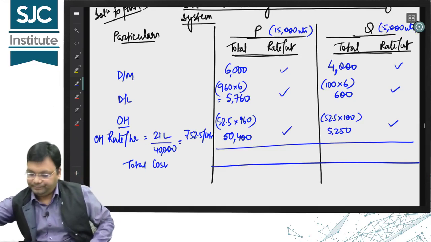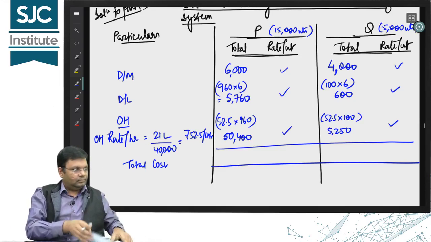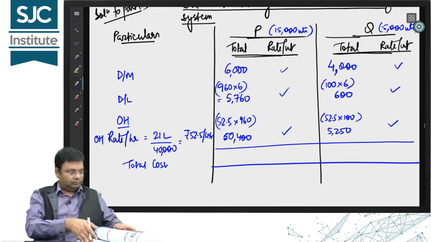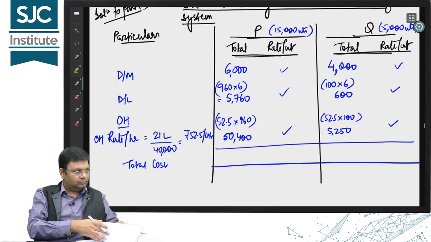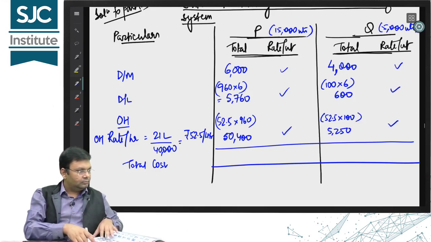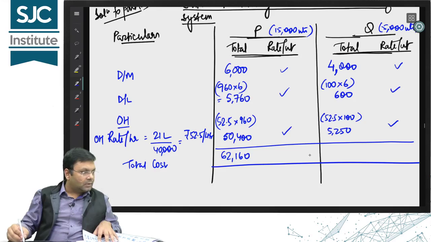Answer please. Okay, 60,160 for P, and Q is 9,850 in total.